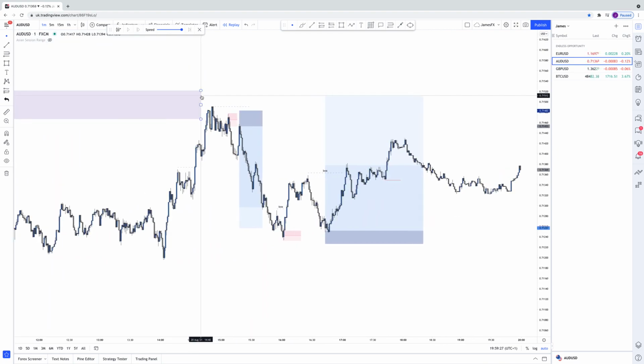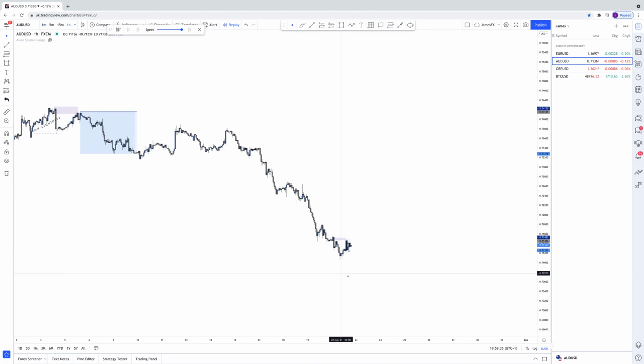But we don't want to be giving back a lot of percentage, and we want to sort of bank, especially looking at the hourly where we can see we are very low down. We started up here and we are very low down. We have some areas where price may need to come back up to, because this isn't going to continue forever, trending down.